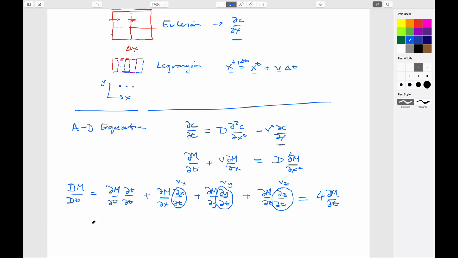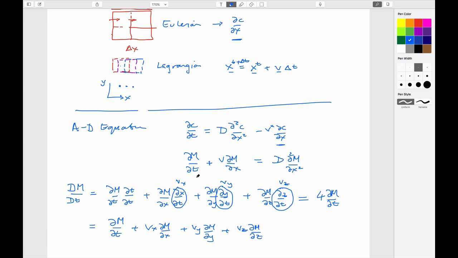So the substantial derivative is just equal to dm/dt plus velocity in the x direction, dm/dx, plus velocity in the y direction, dm/dy. And I guess for completeness, the z term as well.